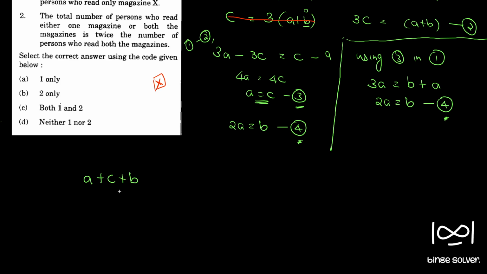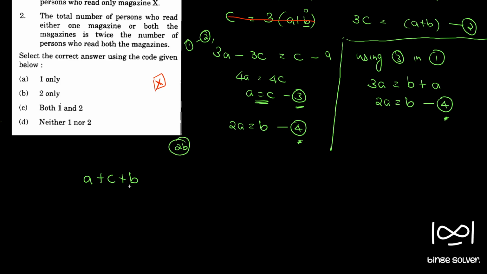So this is the first part of the statement. Twice the number of persons who read both the magazines is 2b.